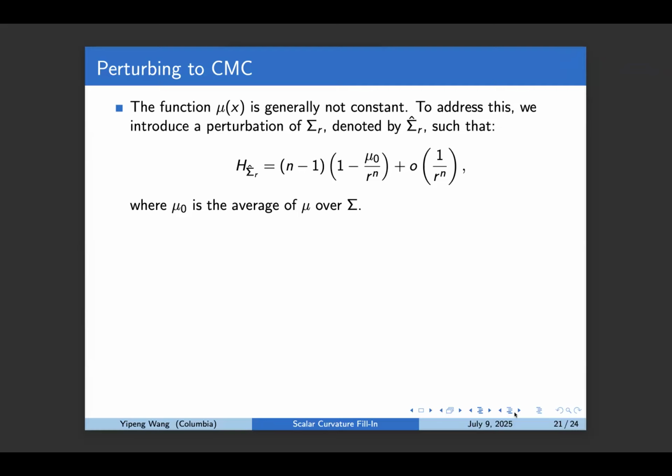Then you can just look for maybe a normal graph over sigma r, that defines the surface. So you just construct a new surface in the same ambient manifold. Yeah, exactly. Okay, thank you very much.